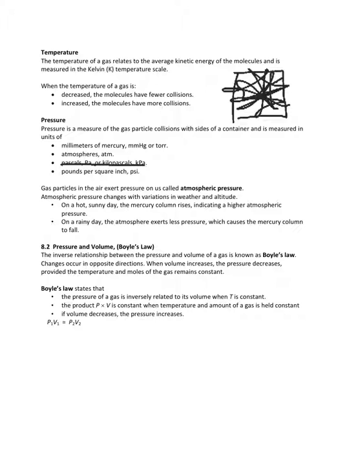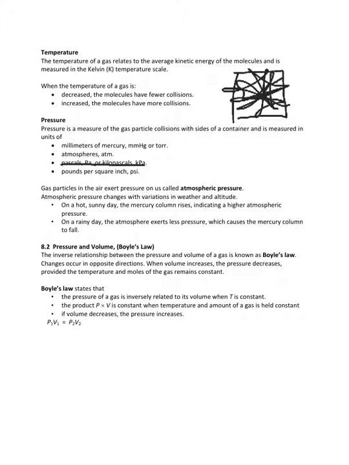Another type of pressure is called atmospheric pressure, and that's when the gas particles in the air exert pressure on you and I. We call this atmospheric pressure. So that is what you feel in the air around you as the gas particles are striking you. And this atmospheric pressure changes with variations in weather and altitude. On a hot, sunny day, the mercury column rises, indicating a higher atmospheric pressure.